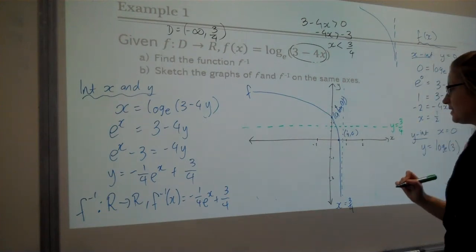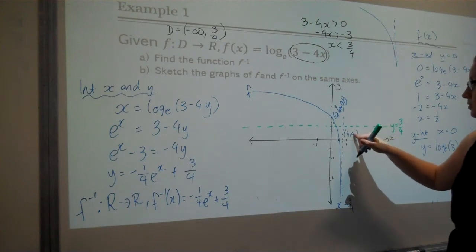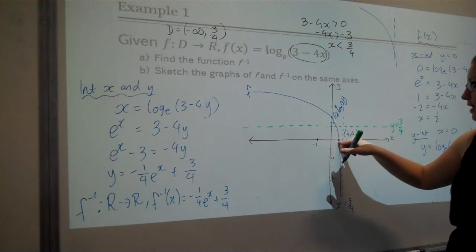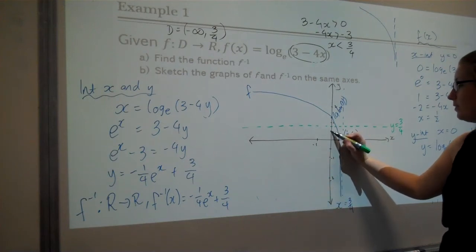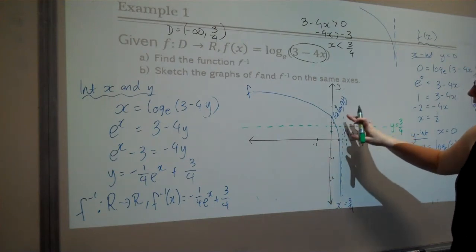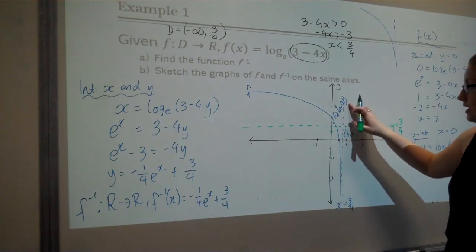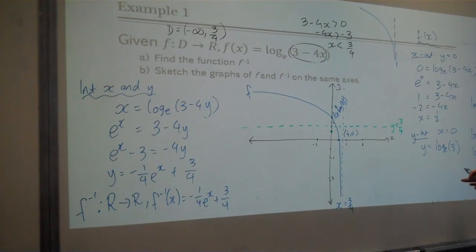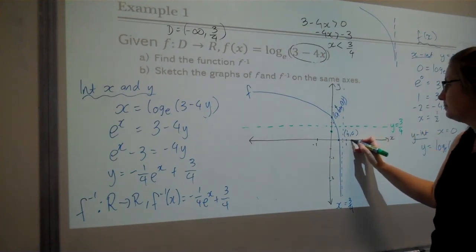Our x and y intercepts swap as well. Our original x-intercept was at (1/2, 0), so our new y-intercept will be at (0, 1/2). We had a y value here at (0, log e 3), so our new value will be at (log e 3, 0). Remember, we established that log e of 3 is a bit more than 1, so it will be over here.